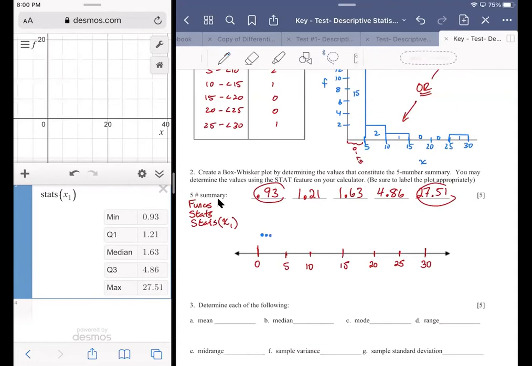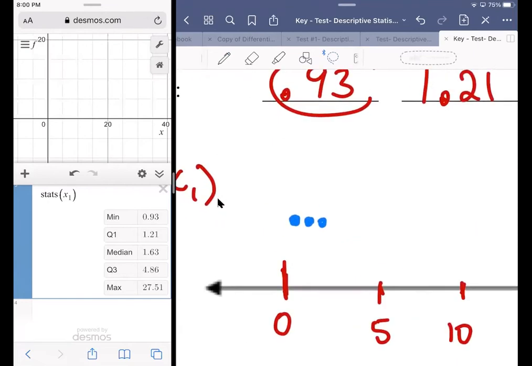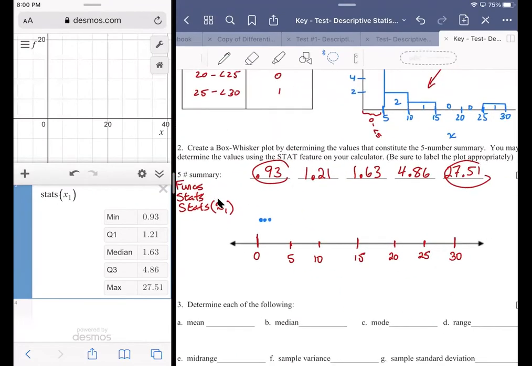You can kind of finagle it a little bit, maybe move the points closer to each other, move them closer to 0, whatever. But as long as they look like they're in the neighborhood of where they ought to be, then you're fine. The 4.86 should be really close to 5, just shy of it. And 27.51 should be about halfway between 25 and 30.